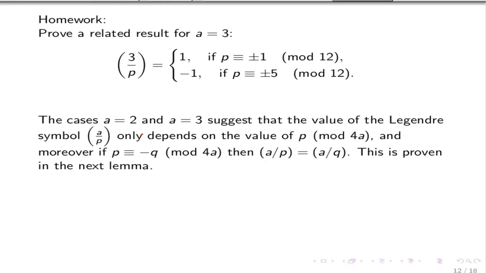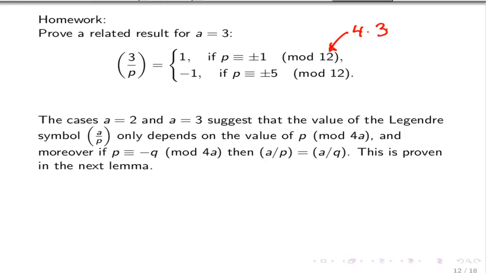And these two cases suggest that the value of the Legendre symbol depends only on the value of p mod 4 times a. So think of 12 as being 4 times 3. In the case of (2/p), it is 4 times 2, and so it depended on the value mod 8.